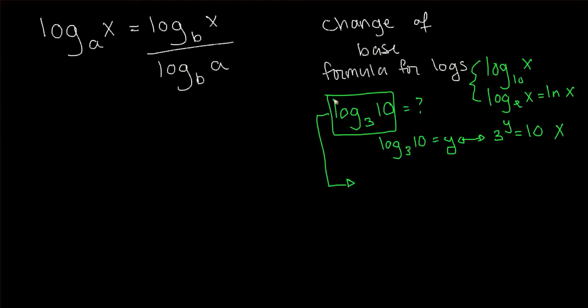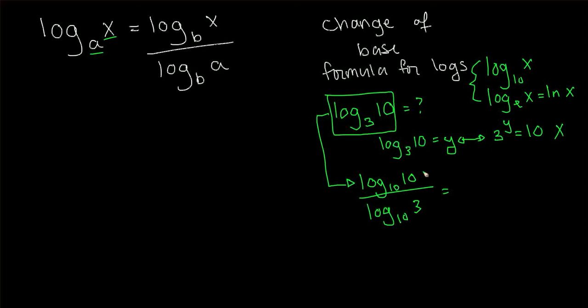So if we were going to evaluate log base 3 of 10, here a is 3 and x is 10. What we would do is write it as log base 10 of 10 over log base 10 of 3.